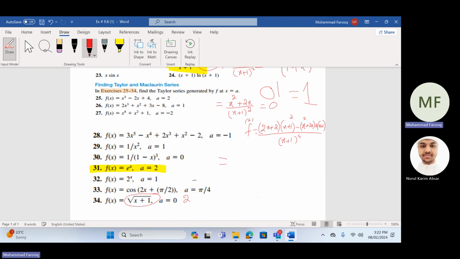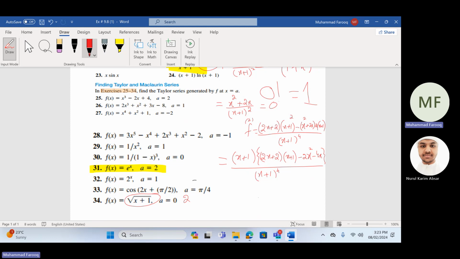So this one I can take x plus 1 as a common factor. I get here 2x plus 2 times x plus 1, then minus 2 times, if you don't mind, x squared minus 4x. Okay? And divide by x plus 1 raised to power 4.